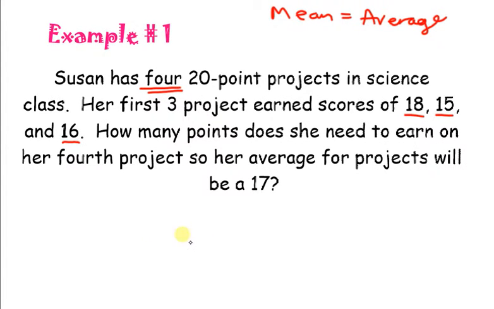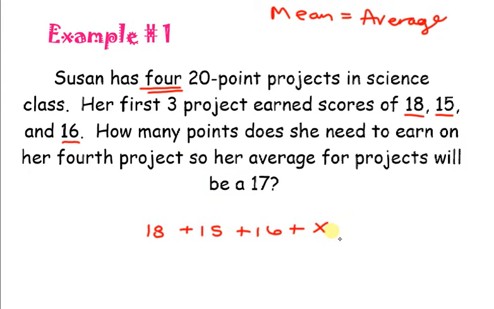So the way that you set up this problem is you're going to make an equation, and you're going to get down to a point where you're at x equals something, and that's going to be your answer. And the way that you set it up is the exact same way for every single problem like this. So what you're going to do is take all of the scores that we know, 18 plus 15 plus 16 plus x.